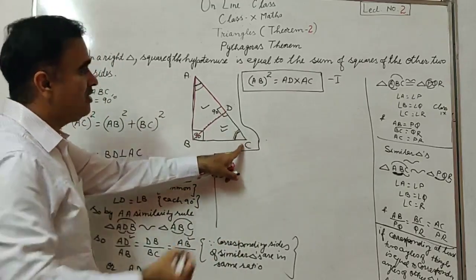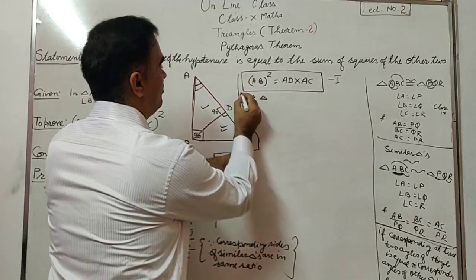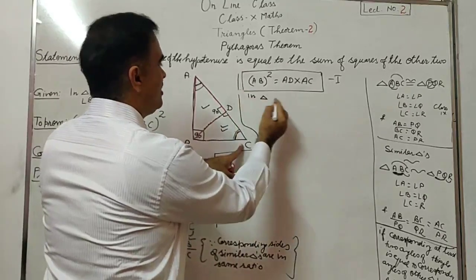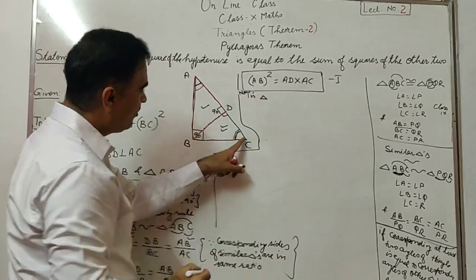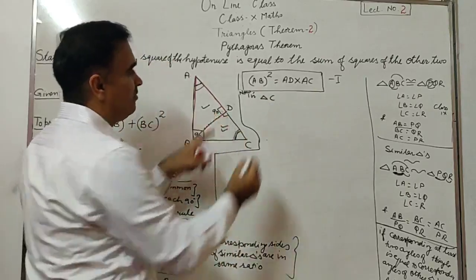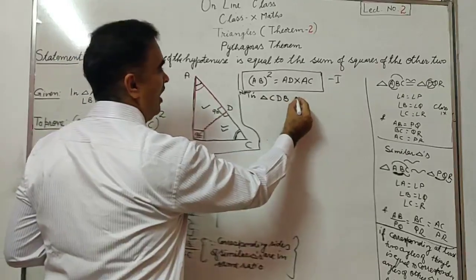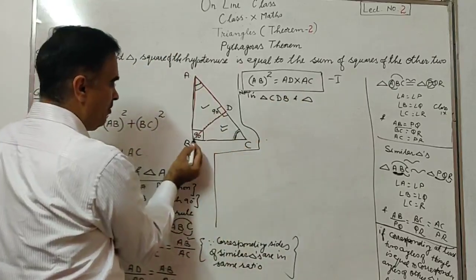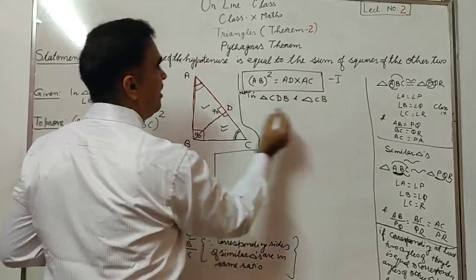So we will start from C. In triangle, from here you start: C, then D, 90, then B. And in the triangle, the big one, C, B, 90, complete 90, C, B and A.